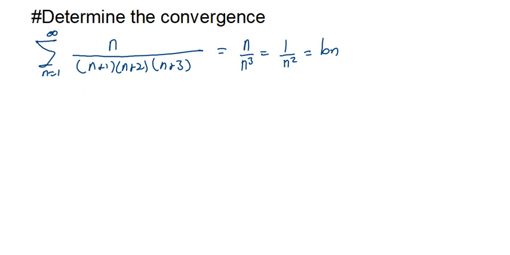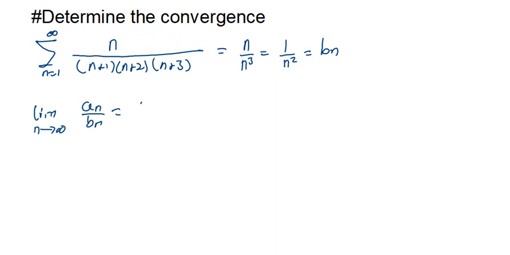In this case, our b of n, which is our 1 over n squared, we say it converges because it's a p series. So meaning our a sub n also is going to converge, but that's only after we do something. Okay, we are yet to find out. So we're going to take the limit as n approaches infinity of a of n divided by b sub n. So here we're going to have what we have right here.